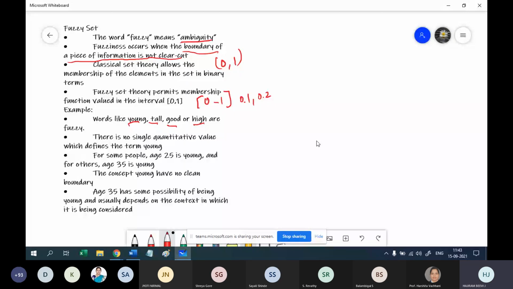Words like high, young, tall, good are fuzzy. We don't have any quantitative value for measuring what height is tall, what character is good, or what age is considered young. We don't have any single quantitative value for defining words like young, tall, good or high. So these terms are considered as fuzzy.